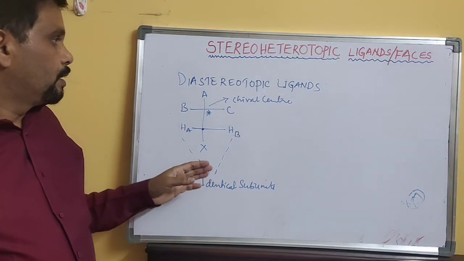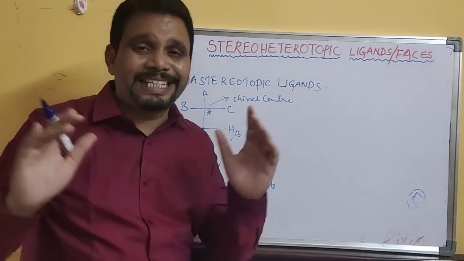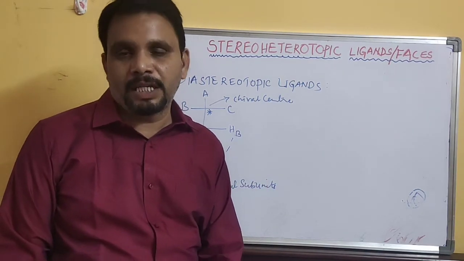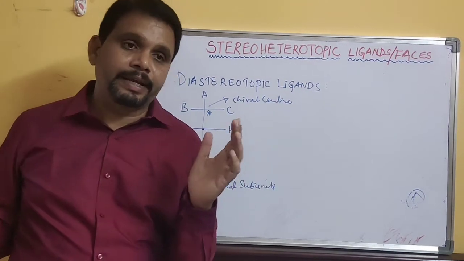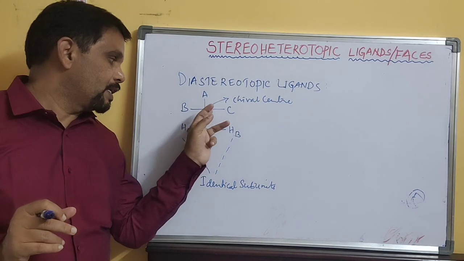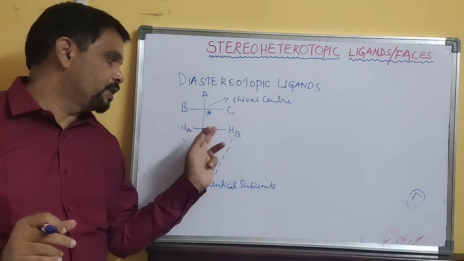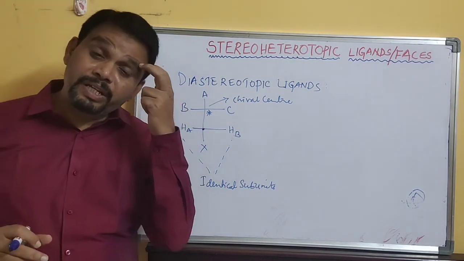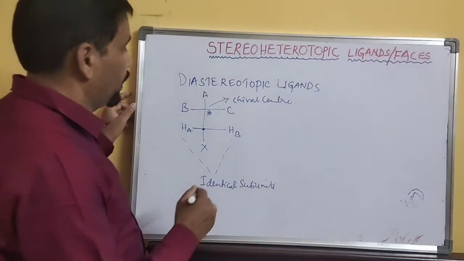The atoms or groups which are not exchangeable or interconvertible by any symmetry element can be considered as diastereotopic ligands. Otherwise, if this chiral center is directly attached to an atom which has two identical subunits, then these two subunits can be called diastereotopic ligands.